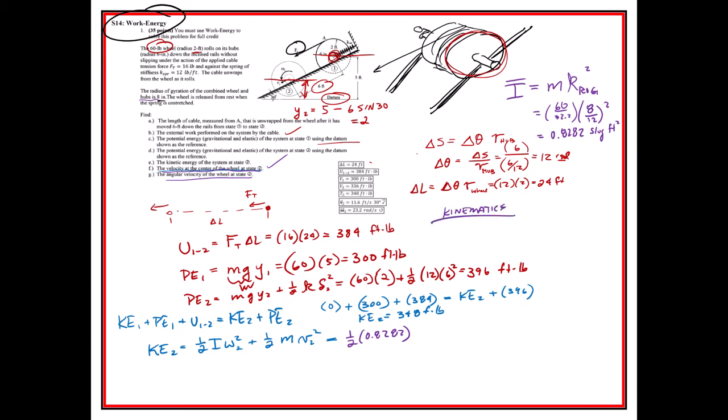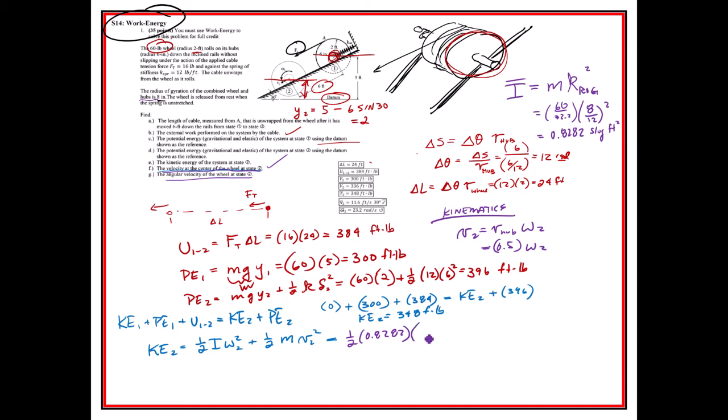And relate the velocity of the center to the omega. The velocity of 2 is going to be the radius of the hub times omega 2 right here. And the radius of the hub, we remember, is 6 inches, so it's just 0.5 omega 2.